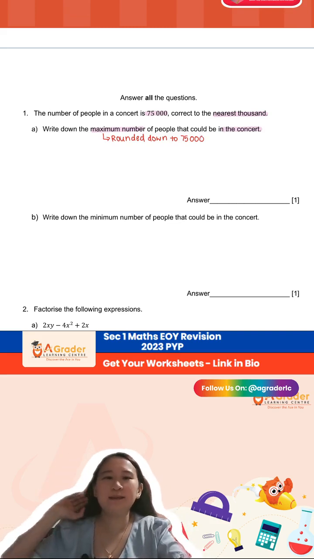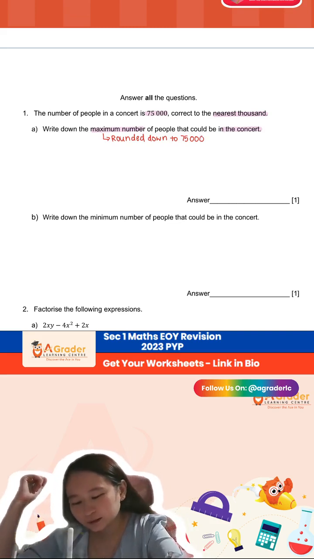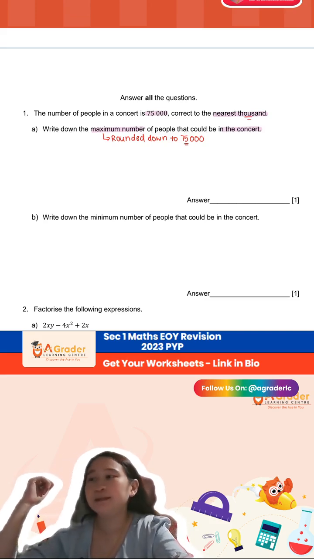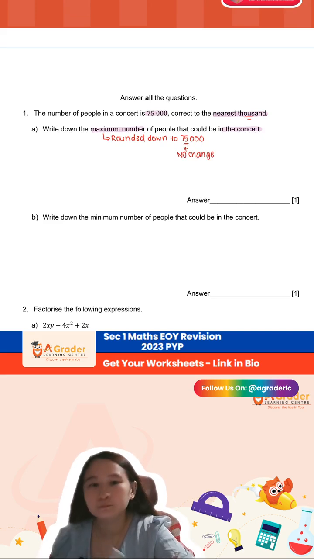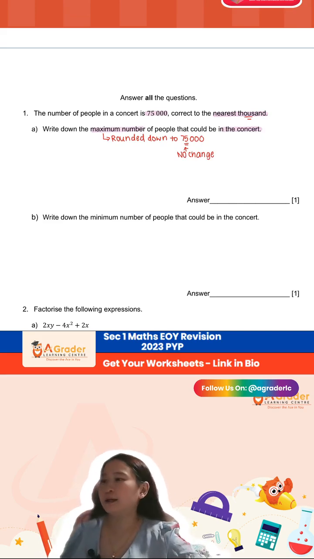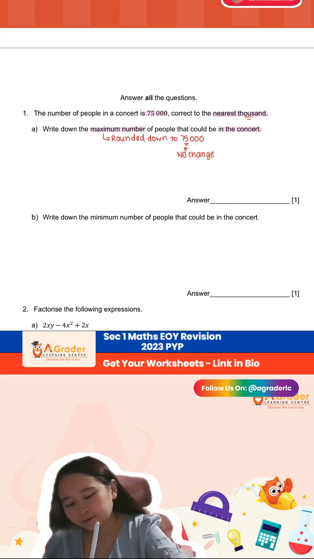Okay, so when it's rounded down, the digit in the thousand place, there's no changes. Okay, so we have the digit for the first two number.